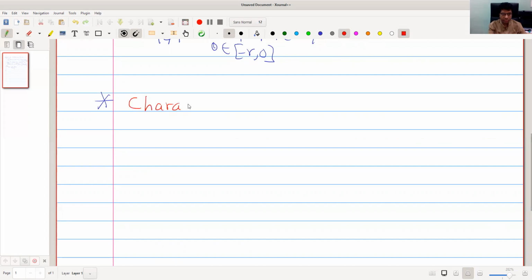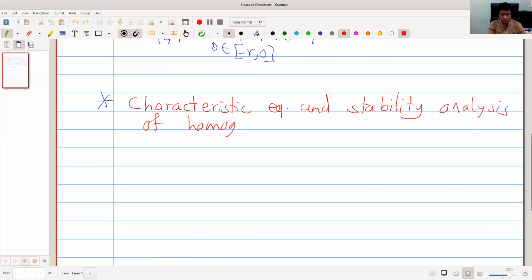Characteristic equation and stability analysis of the homogeneous equation.